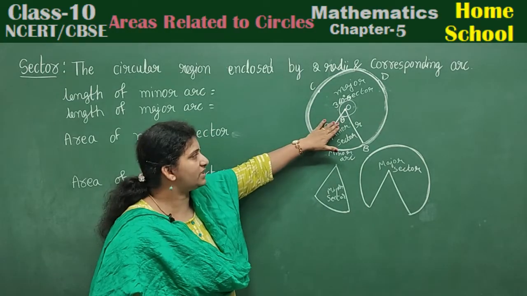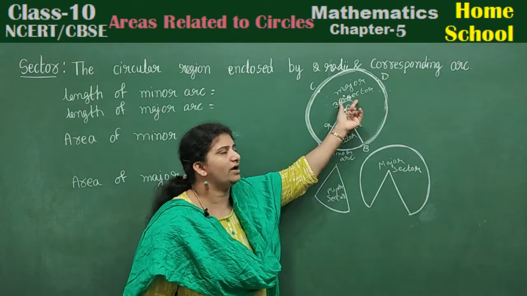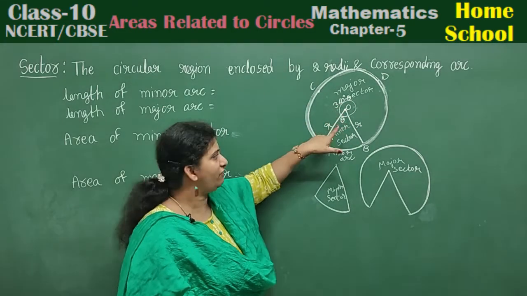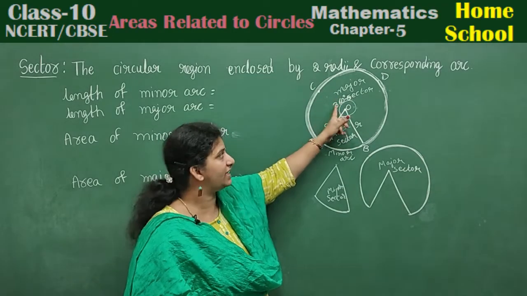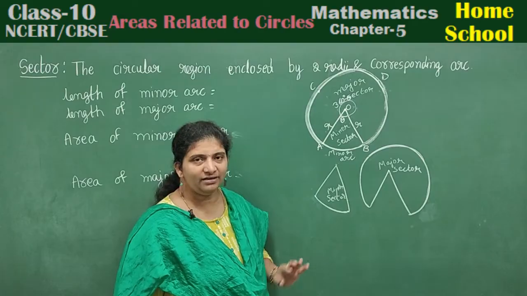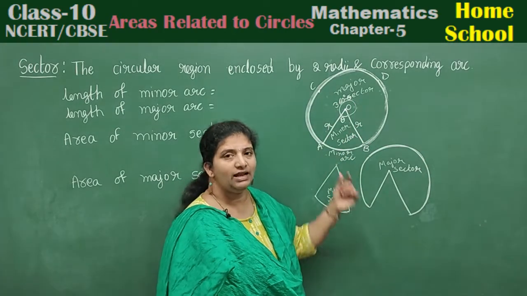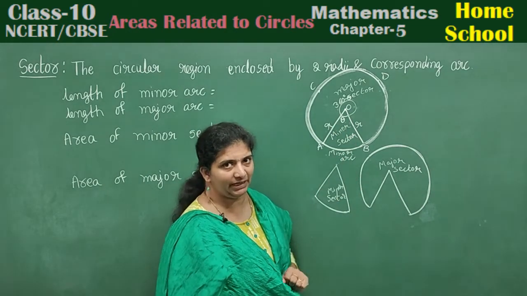If this is 60, then this angle will be 360 minus 60, 300 degrees. The complete angle is 360. If you know this angle, you can subtract it from 360 to get that angle. Let us assume the angle in the minor sector is theta.